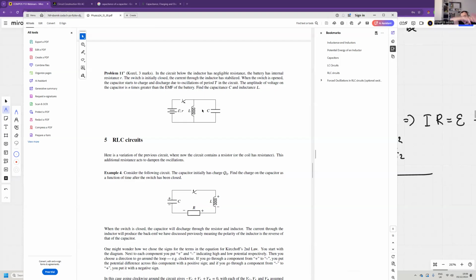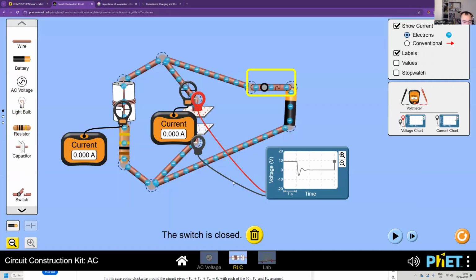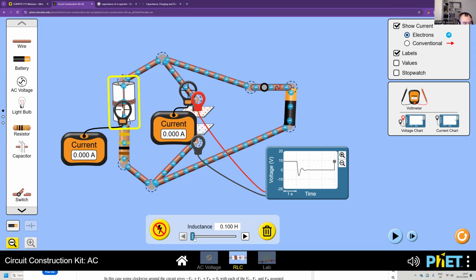Imagine that all this energy goes into the capacitor. Find the voltage on the capacitor, and you will see that it will actually be bigger than EMF. And that's what you saw here. You saw that the voltage can actually go above EMF if the inductance is big enough.